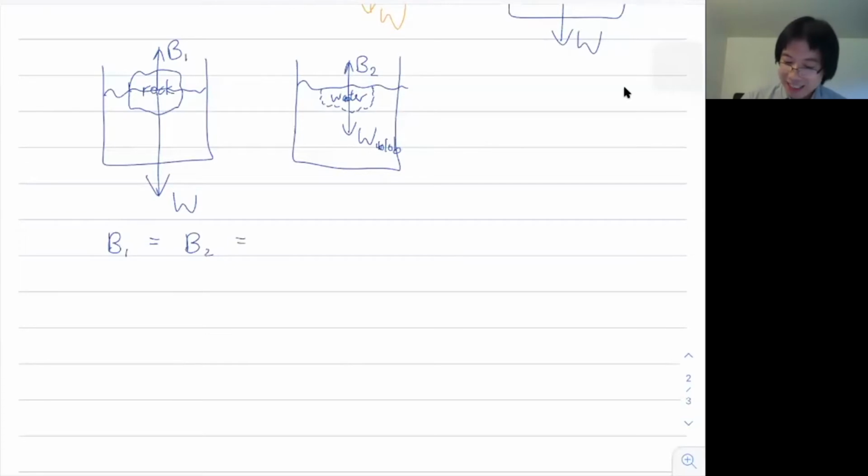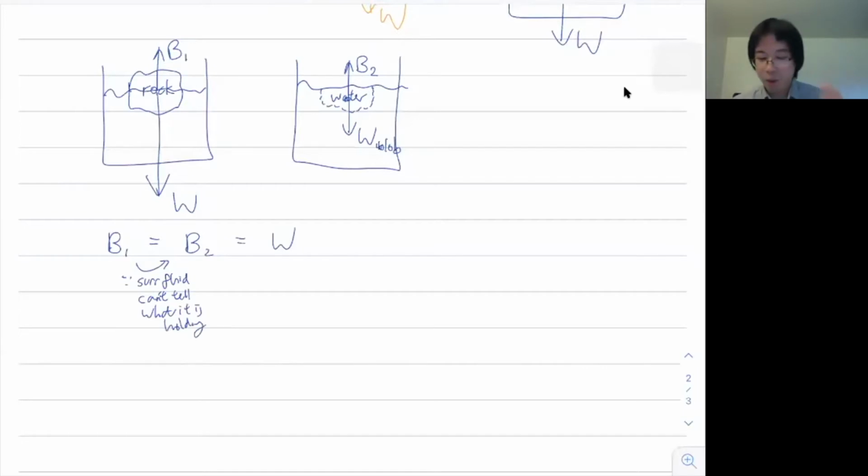Since the surrounding fluid can't tell what it is holding, whether it's holding the blob of water or holding the rock, the fluid can't tell. If the fluid is trying to support the rock, create a buoyant upward force, it's going to do the same thing whether it's supporting the blob of water or the rock, just like that baby.